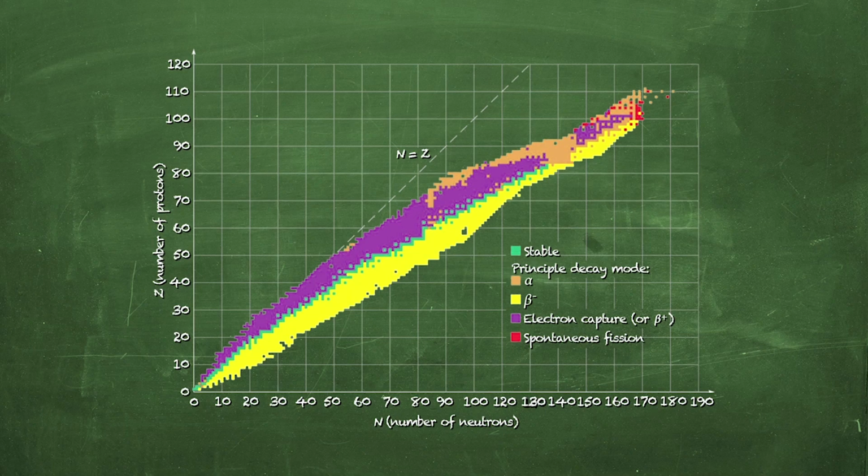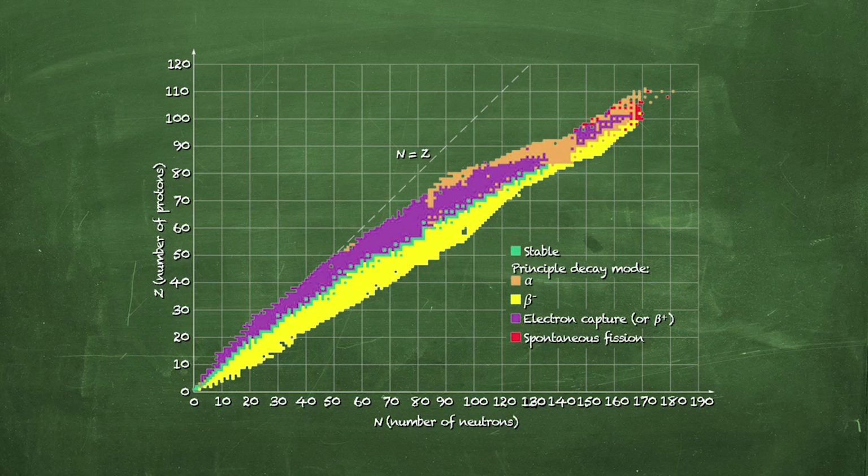There is also a region in the upper right-hand corner that is marked with alpha decay being the principal decay mode. And alpha decay removes 2 neutrons and 2 protons from the nucleus. So that moves you down and to the left on this graph, once again toward the line of stable isotopes.